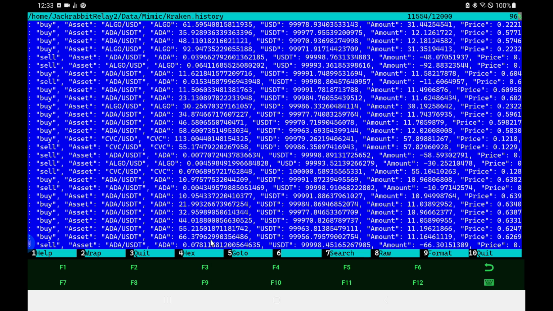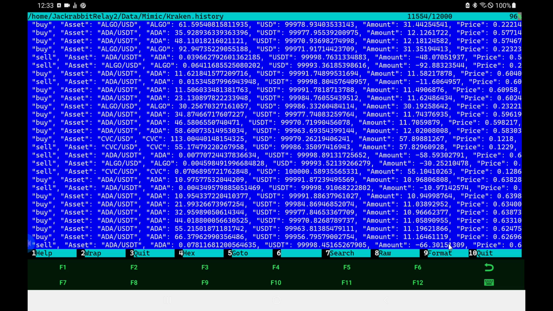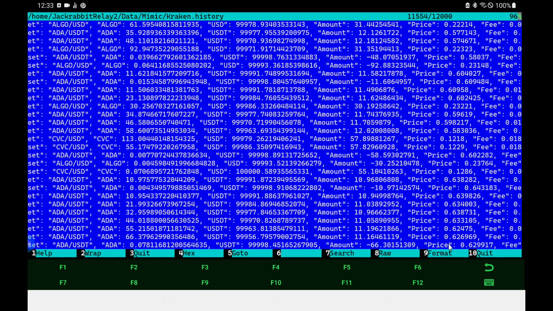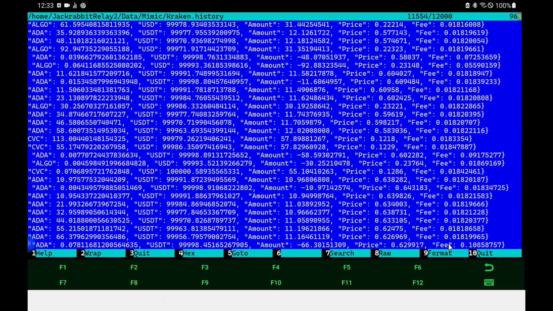For example, right here I have 66.37, but here I'm only selling 66.30. So between dust and fees, you get to see exactly the relationship that your wallet goes through.